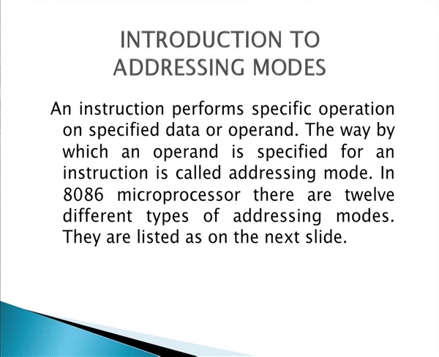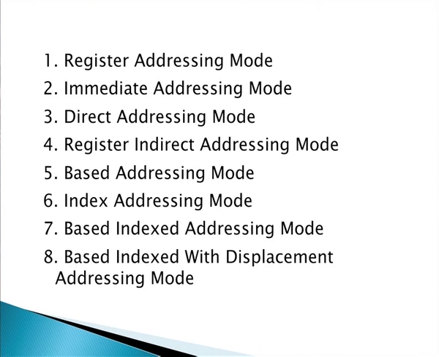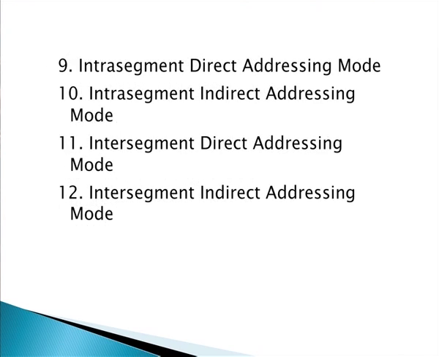They are listed as register addressing mode, immediate addressing mode, direct addressing mode, register indirect addressing mode, based addressing mode, indexed addressing mode, based indexed addressing mode, based indexed with displacement addressing mode, then intra segment direct addressing mode, intra segment indirect addressing mode, inter segment direct addressing mode, and the last is the inter segment indirect addressing mode.